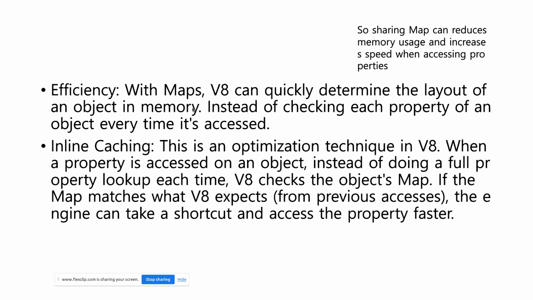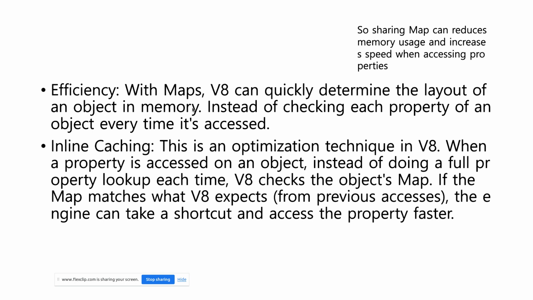V8 has a description of the shape of the object, looks at the shape, and checks how the object looks based on it. V8 refers to the object's properties based on the shape, and then accesses the object's property based on that shape. If the shape matches, the access time is faster than before.